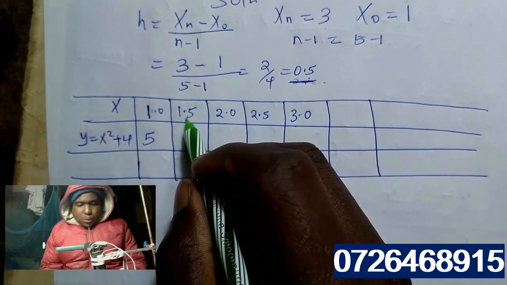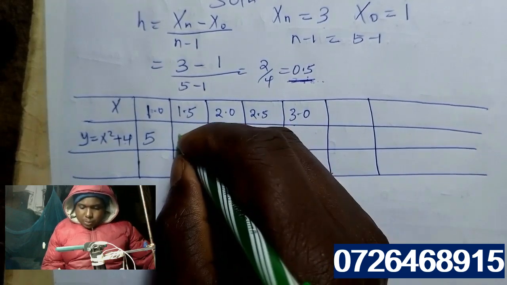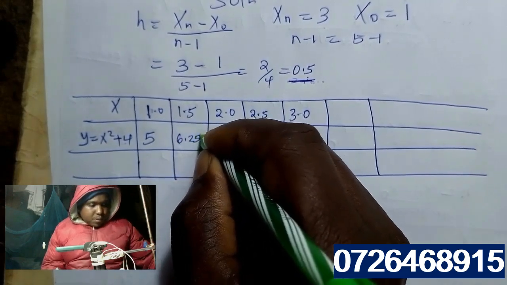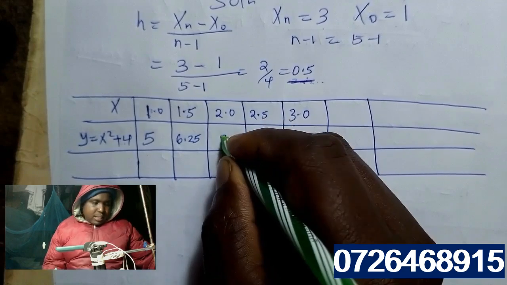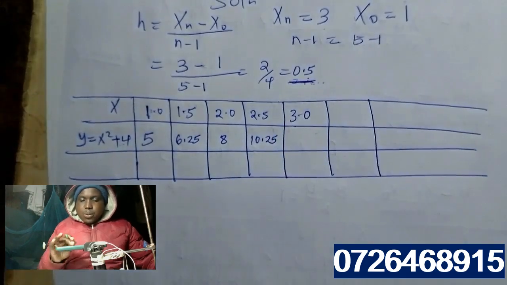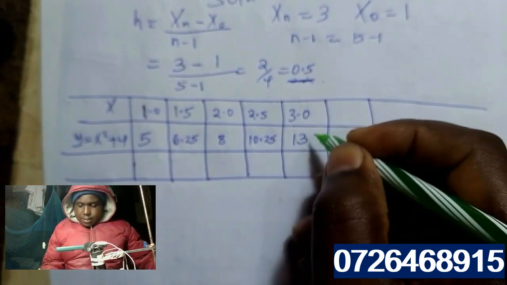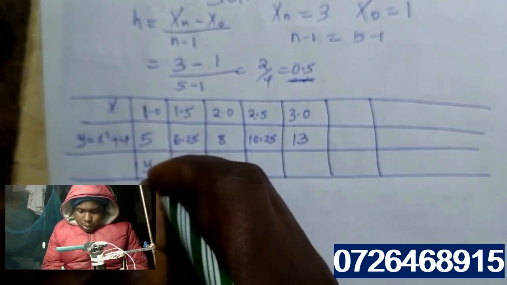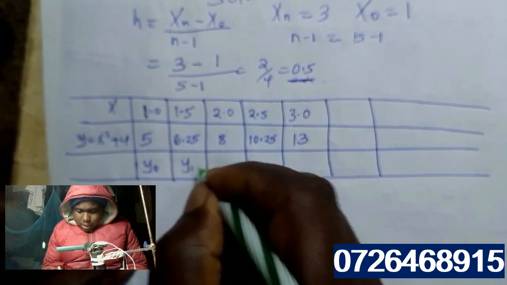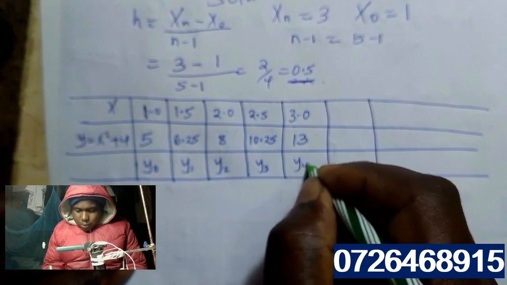Then you substitute the next ones: 6.25, 8, 10.25, and then for 3 it will be 13. These will be our y naught, y1, y2, y3, y4.